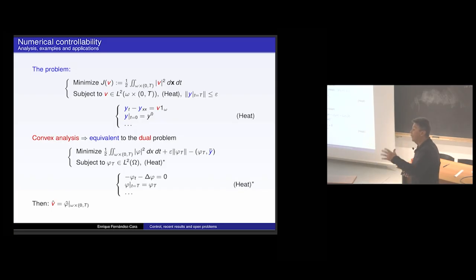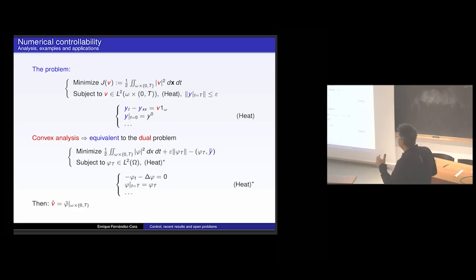Well, as I have announced before, convex analysis says that this problem, that is a constrained convex minimization problem, can be rewritten as an unconstrained convex minimization problem that is here. That is obtained using a technique with several names behind it: Fenchel, Rockafellar, Lions, Temam, etc.